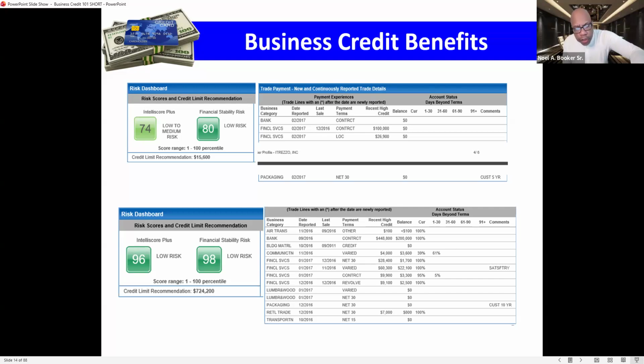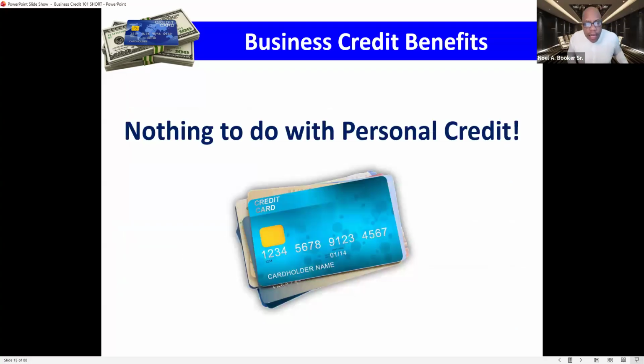And then below is showing when this same company has a whole bunch of trade lines and now their score is a 96. And business credit scores go from 0 to 100. So this company is in good position right here because they have all of these trade lines. You see that? Okay. It has nothing to do with your personal credit.